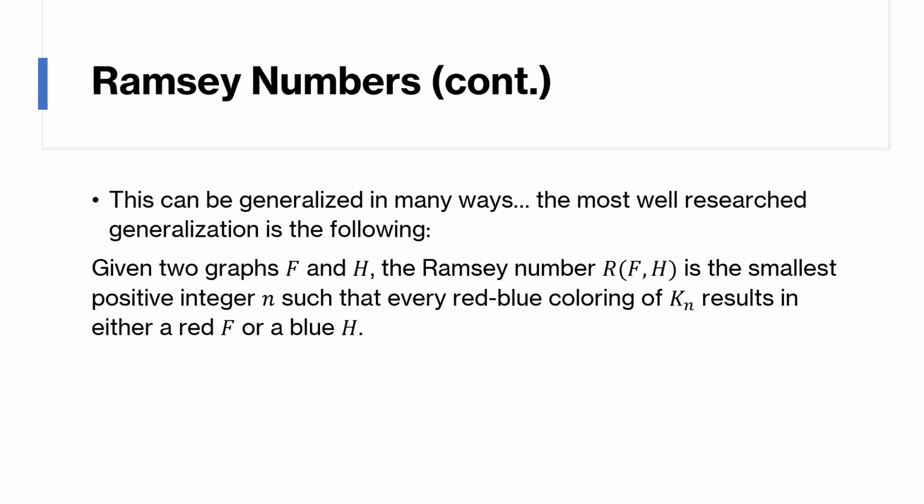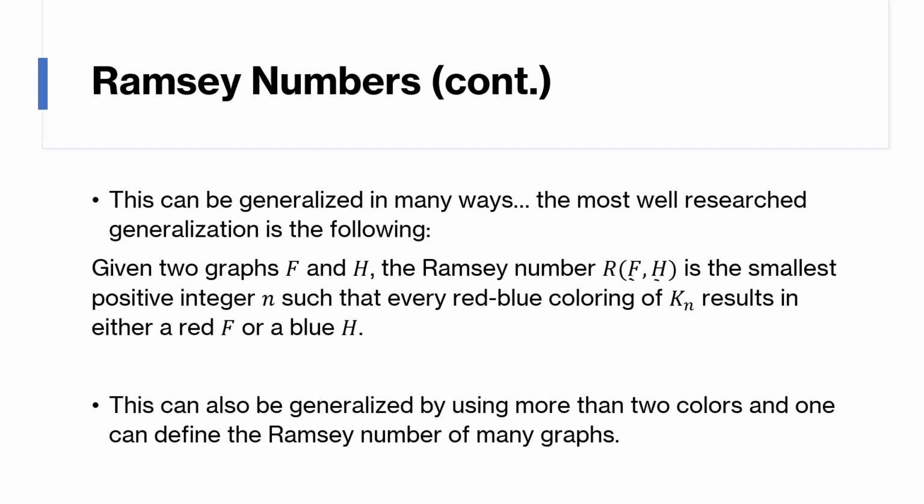So one way you can generalize this is for two graphs F and H. The Ramsey number of those two graphs is the smallest positive integer n, such that every red-blue coloring of K_n results in either a red F or a blue H. So you need not be searching for small complete graphs that are colored either red or blue, but just any two graphs in general, and this number always exists, and the goal is to find the smallest. That's the Ramsey number of F and H. So that's one generalization. There are some infinite classes of graphs that have been solved for this.